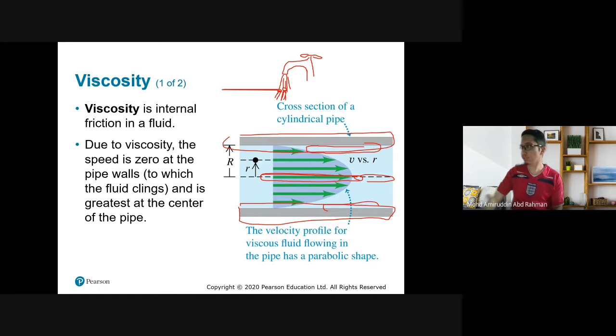So this is the viscosity profile. It has a parabolic shape inside a pipe. You have less viscosity at the center of the pipe.